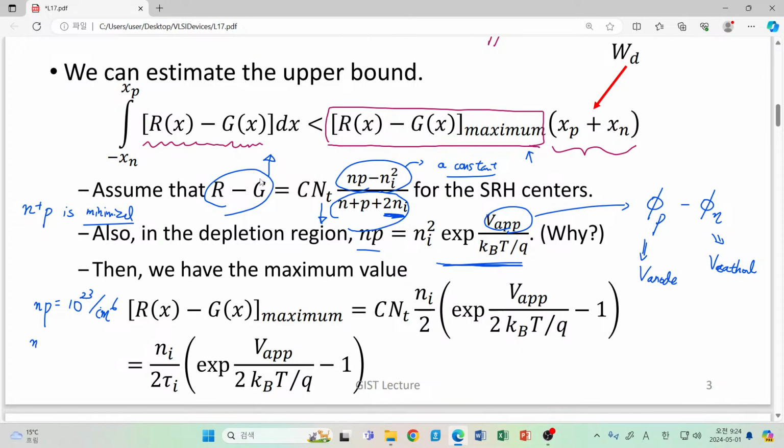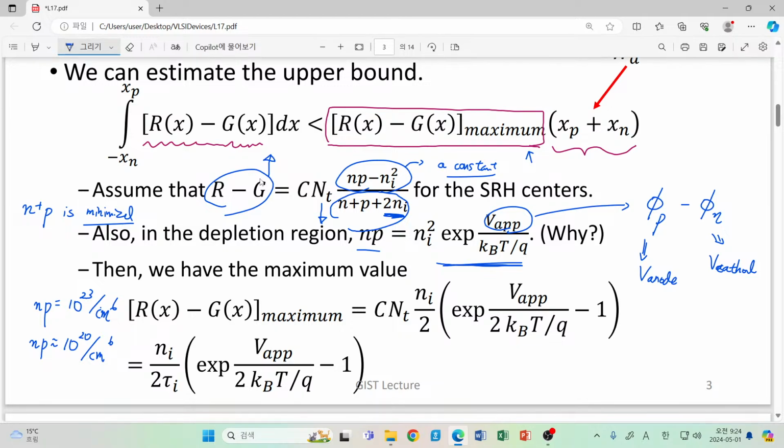Usually at equilibrium we have, for example, something like this, and instead of that, since we are now considering a slightly forward biased diode, let's say that we have an np product 1000 times higher than our ni squared.